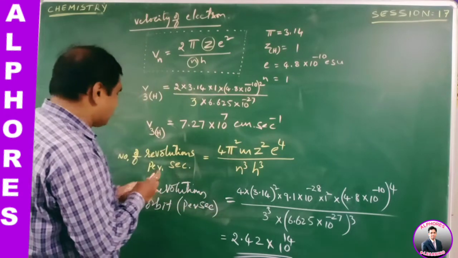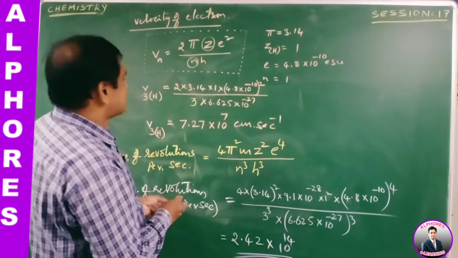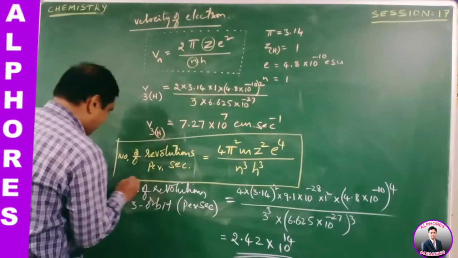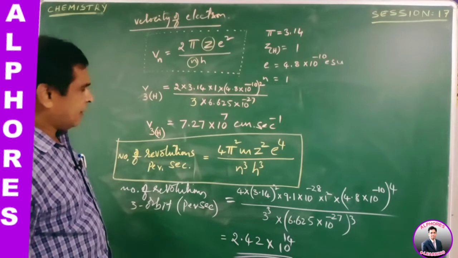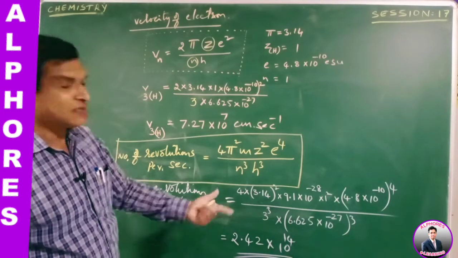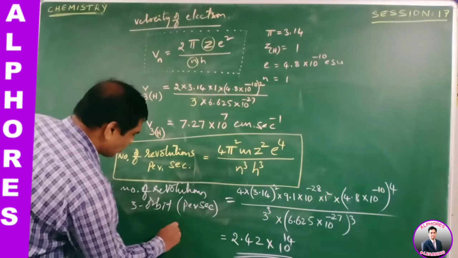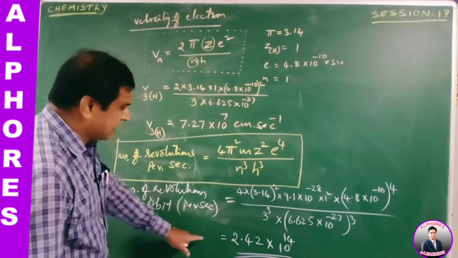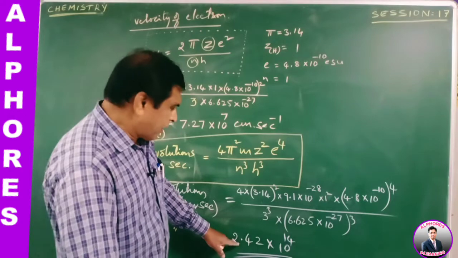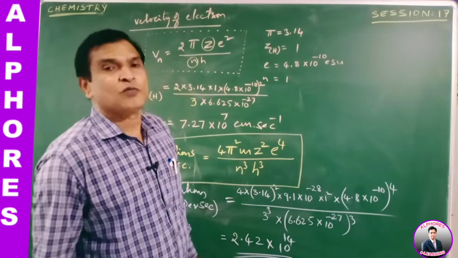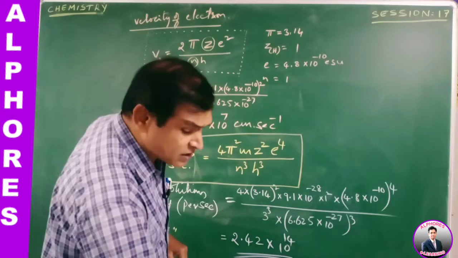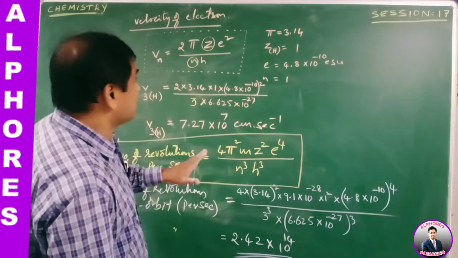Okay, that is the number of revolutions per second made by the electron in the nth orbit. Here it is the third orbit. The number of revolutions in the third orbit per second made by the electron equals 2.42 into 10 to the power 14. Like that we can calculate the number of revolutions per second around the nucleus in the nth orbit.